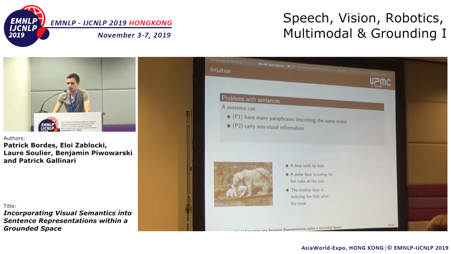Second, a sentence can carry non-visual information that is not in the image per se, but comes from our human understanding of the scene. For example, here we can infer that the little bears are the cubs of the mama bear. Finally, for a given sentence, a quasi-infinity of images can apply, so sentences can be visually ambiguous.